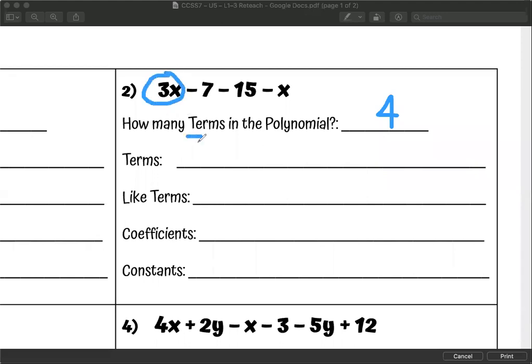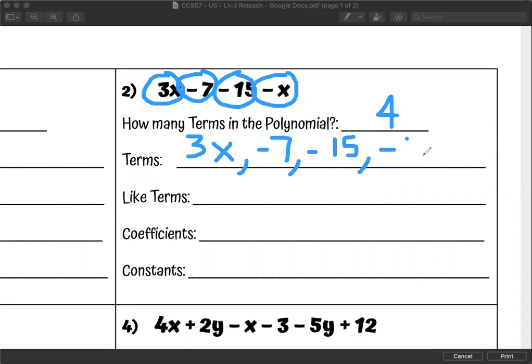So we've got positive 3x. We've got negative 7. We've got negative 15. And we have negative x. The other way to kind of remember it is that I'm essentially just putting a comma in between everything. 3x, comma, negative 7, comma, negative 15, comma, negative x.